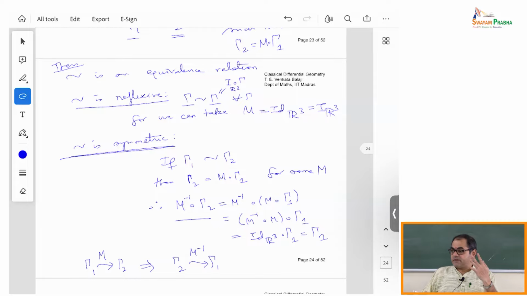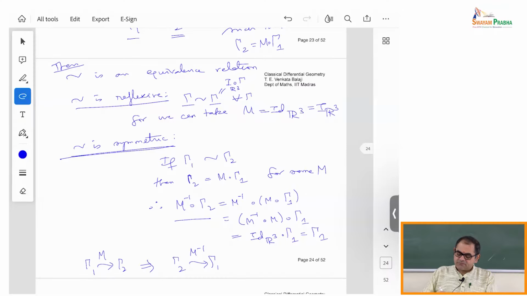This crucially uses the fact that the rigid motions form a group, which importantly uses the fact that the inverse of a rigid motion is a rigid motion, and which essentially says that you need the fact that they are bijective. That's a critical thing that came from linear algebra, from the rank nullity theorem, if you remember it.